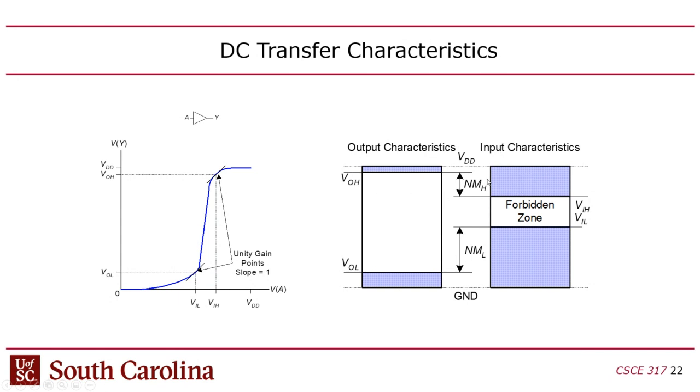So the noise margin high is VOH minus VIH, output high versus input high, and the noise margin low is VIL minus VOL. So obviously you have to swap those when subtracting.